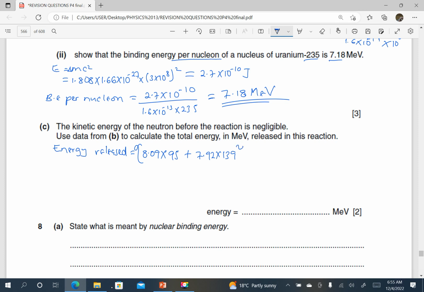So that is the total binding energy on the right. Then minus on the left, we have uranium binding energy. We calculated it as 7.18 times total number of nucleons. This was binding energy per nucleon times the number of nucleons, which is actually 235. So this is giving us the difference in energy is going to be the energy released.